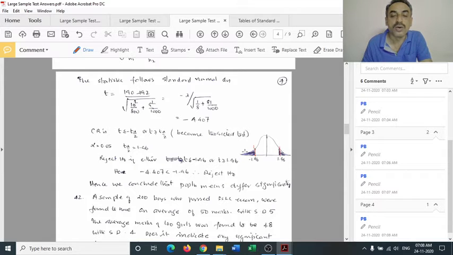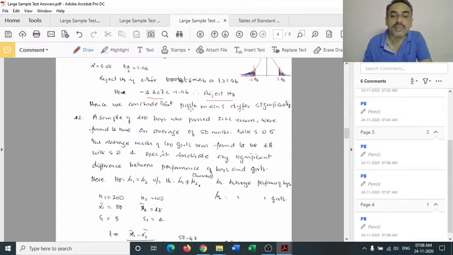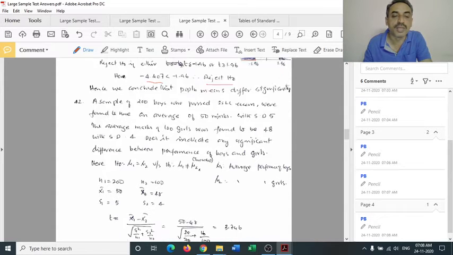Or you can combine them and say modulus t greater than or equal to t alpha by 2, which is equivalent to writing separate intervals, either less than minus 1.96 or greater than 1.96. But minus 4.407 will definitely appear on this side, less than minus 1.96. So we reject H0. We conclude that the means of the populations differ significantly.